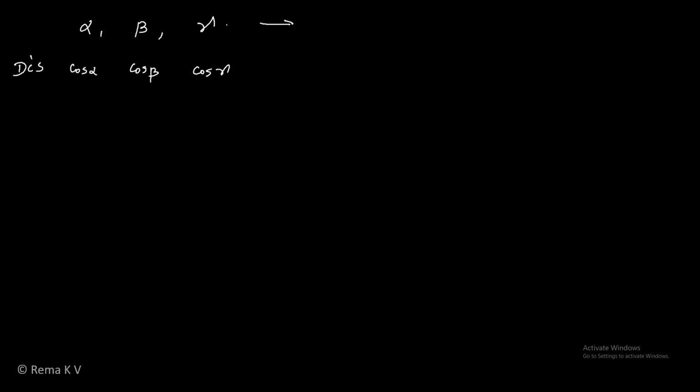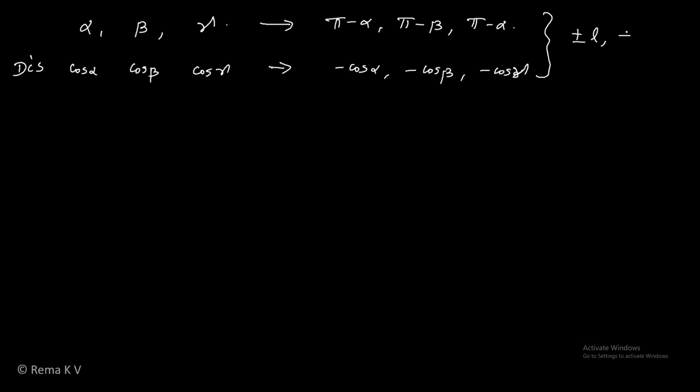At the same time, we can write the direction angles as pi minus alpha, pi minus beta and pi minus gamma, which gives the direction cosines as minus cos alpha, minus cos beta and minus cos gamma. These two together, we write as plus or minus L, plus or minus M and plus or minus N. The numbers A, B and C, which are proportional to L, M and N respectively, are called the direction ratios.